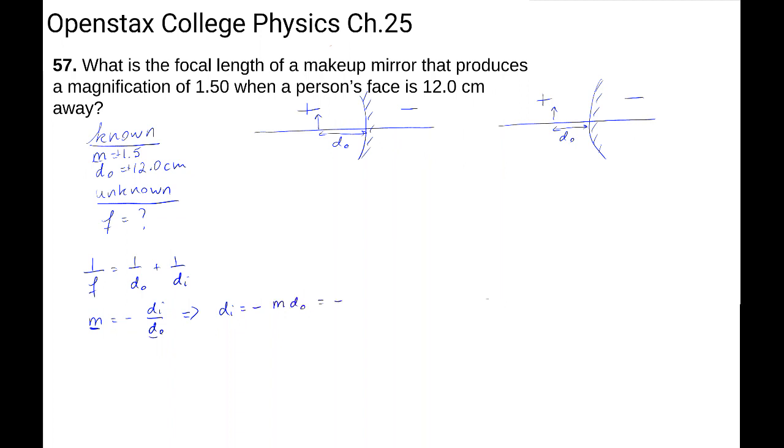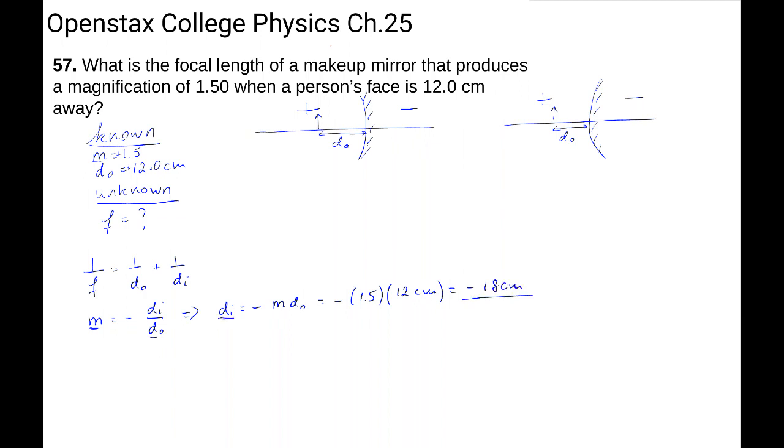So that is negative 1.5 times 12 centimeters. Plugging into the calculator, that is negative 18 centimeters. So I have a value for the image distance.